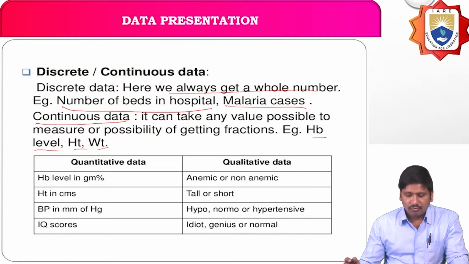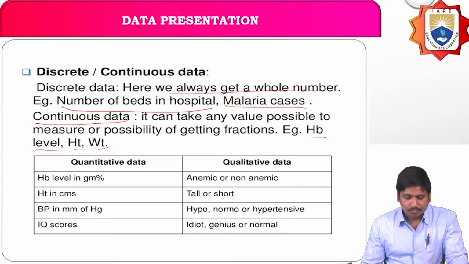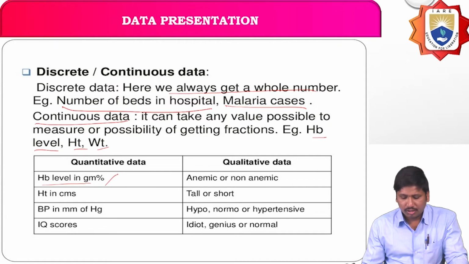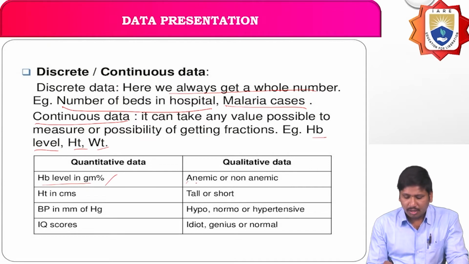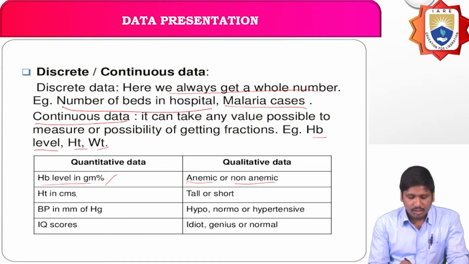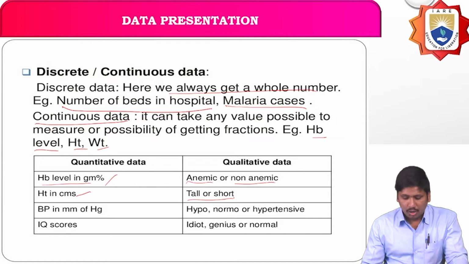So let me explain some of the differences between qualitative data and quantitative data. The quantitative data Hb level is in gm percent, whereas qualitatively it would be anemic or non-anemic in nature. Height in centimeters can be used, and here I can represent it as tall and short.